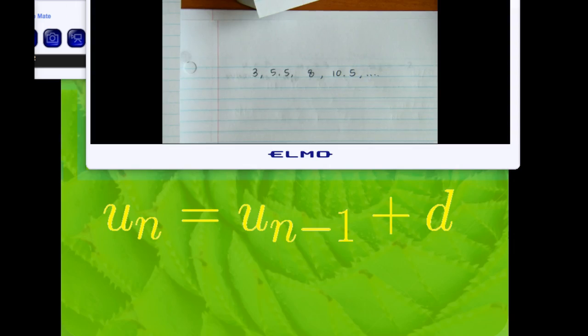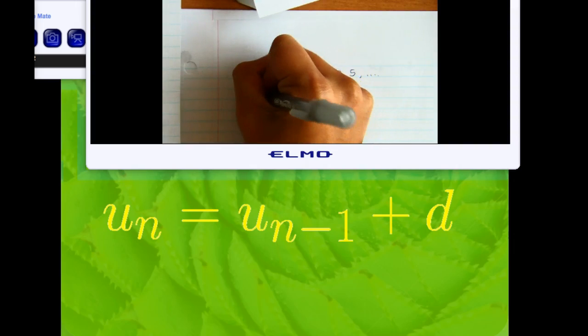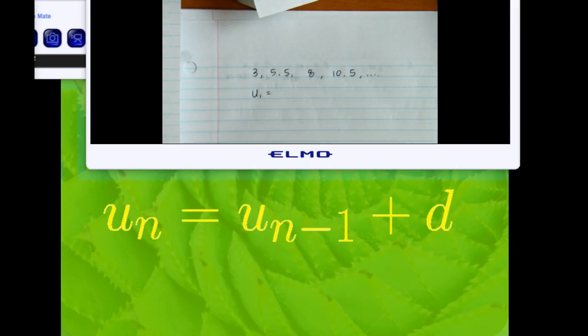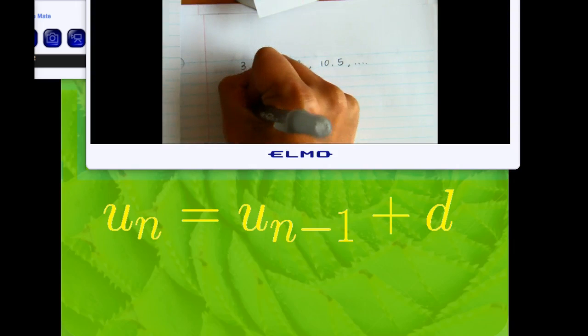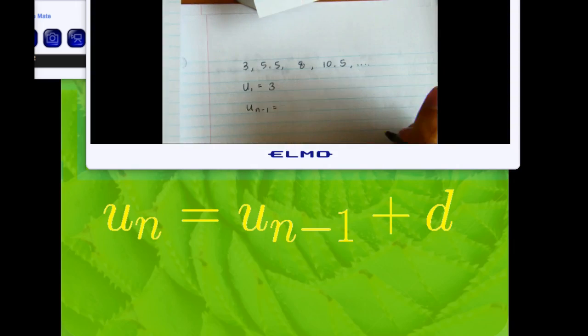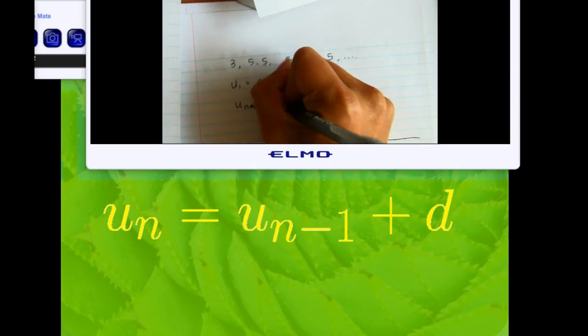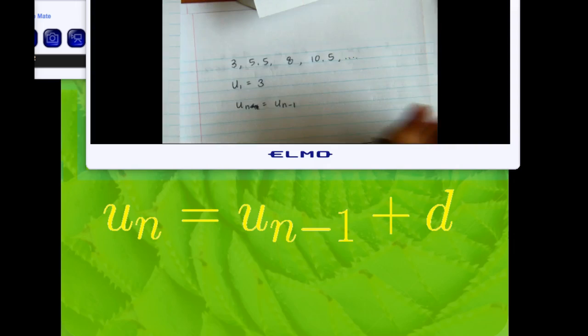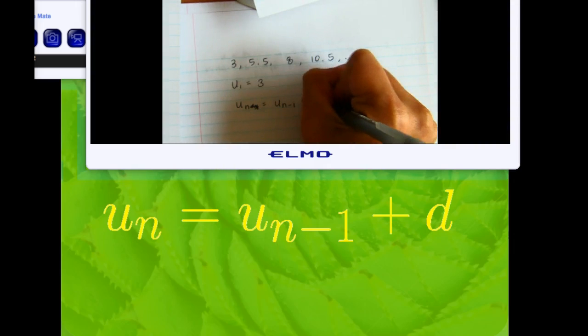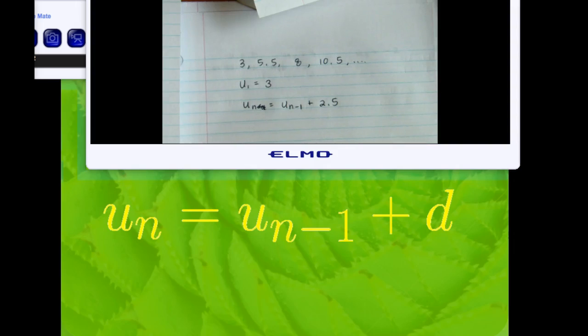If you answered that u sub 1 is equal to 3, and u sub n is equal to u sub n minus 1 plus 2.5, you are correct.